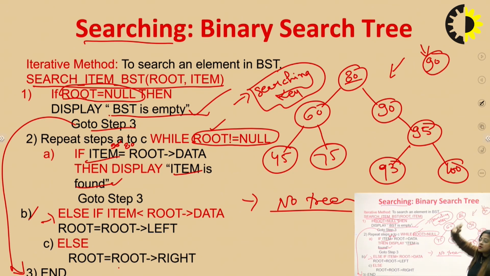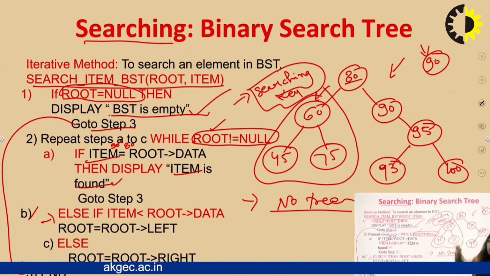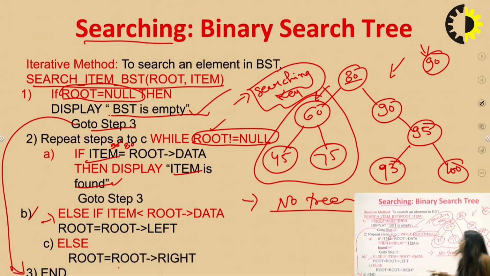Our searching key is 90. If the item is smaller than root data, which is 80, then it will go to the left side of this BST. Otherwise it will go to the right side of the root. It means the data is here.